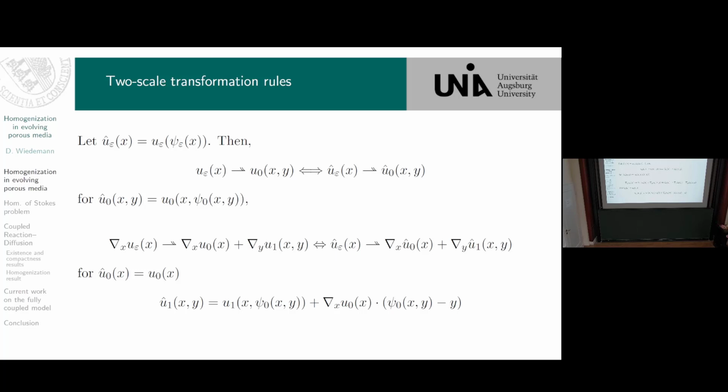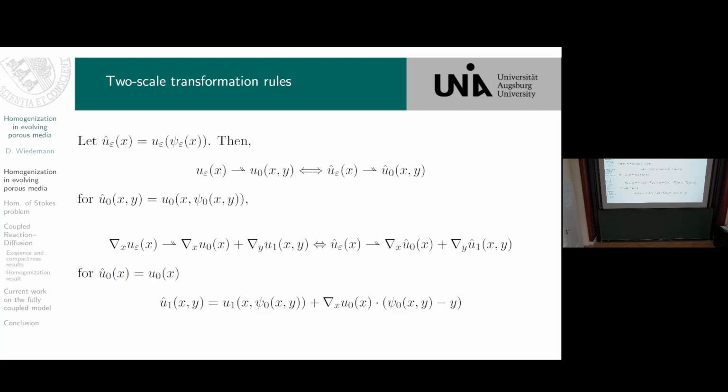And now the critical point is that in applying two-scale convergence, we always have some compactness result like this, where we have this additional y gradient, this corrector. And this two-scale convergence can actually also be transformed in the fixed domain.